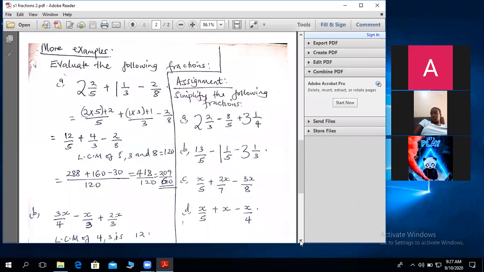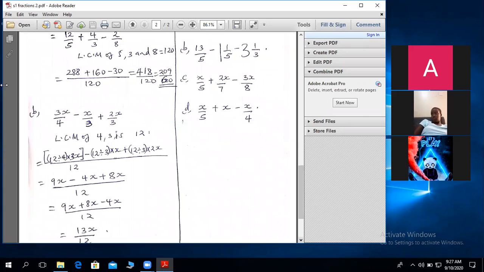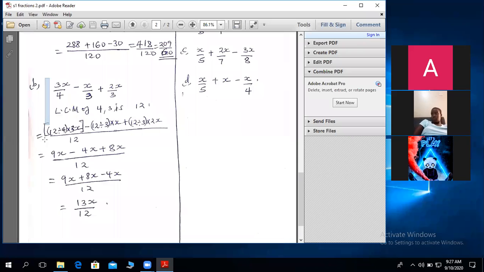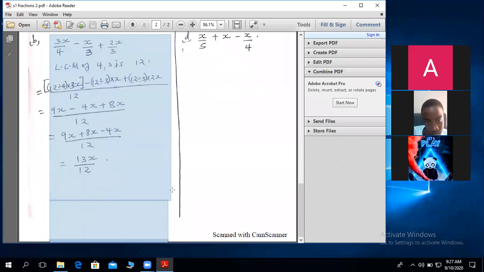After understanding that, I want to take you to my part B, which is the last example before I give you assignment.